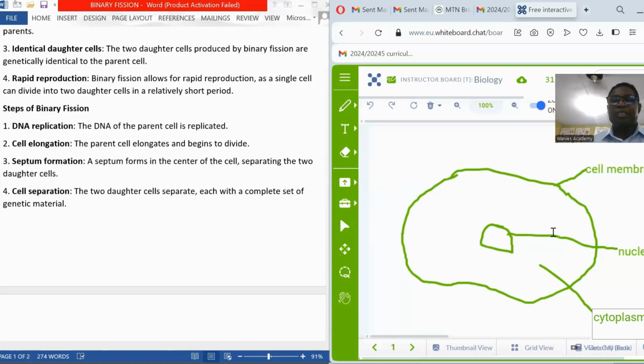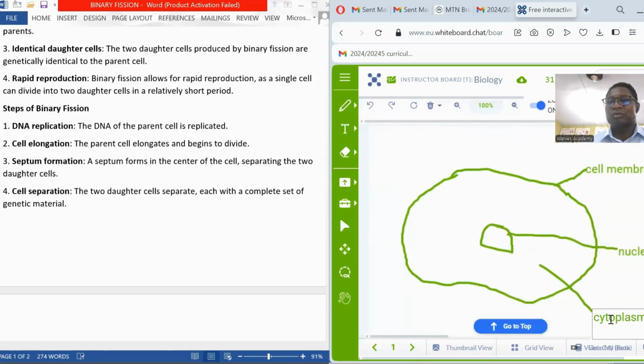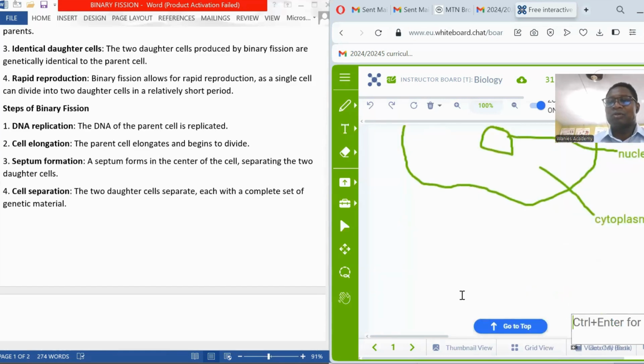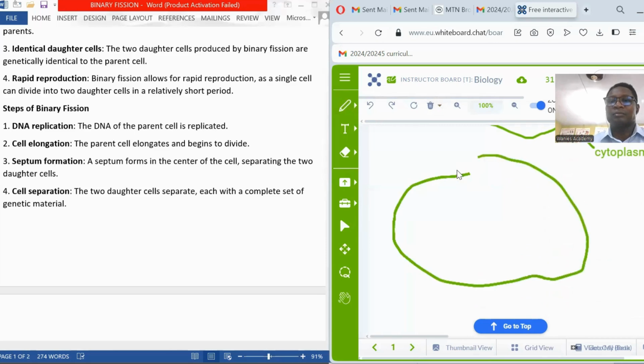Now, what happens is that the cytoplasm starts dividing. Before the cytoplasm divides, the nucleus starts dividing into two. The nucleus starts dividing. This is what I mean. Because the nucleus contains genetic material, the nucleus starts dividing.